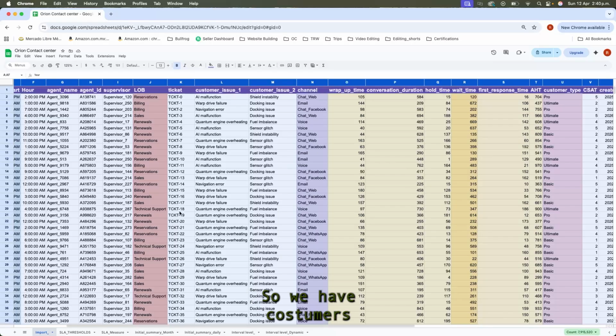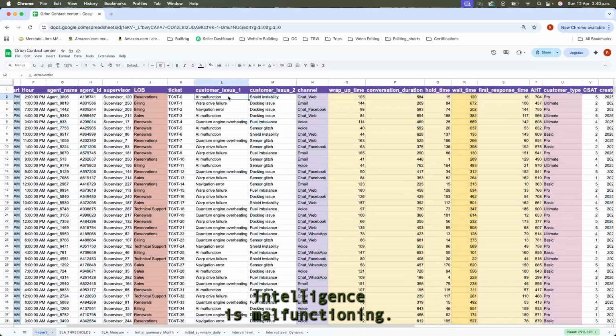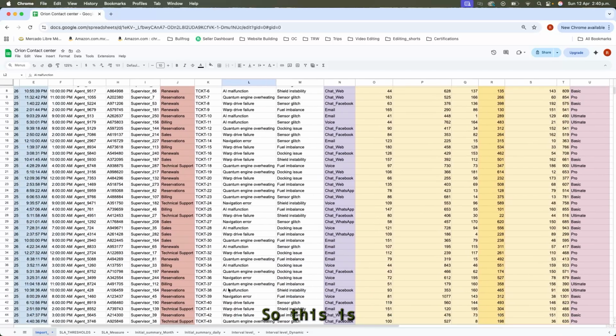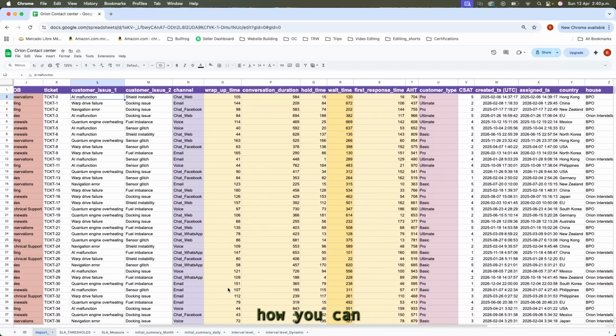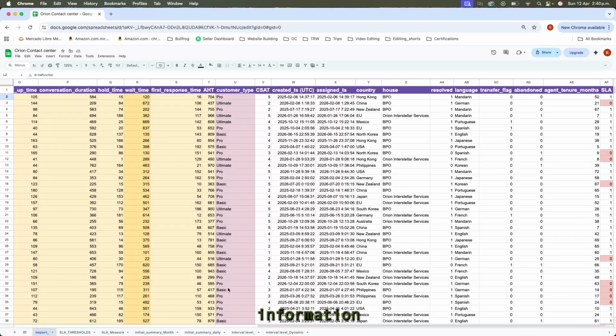So we have customers here that call because their ships do not work, or because the artificial intelligence is malfunctioning. So this is just to illustrate how we can analyze this information.